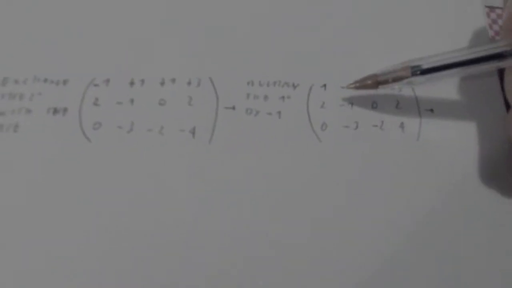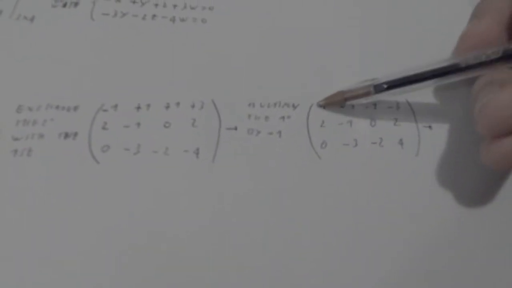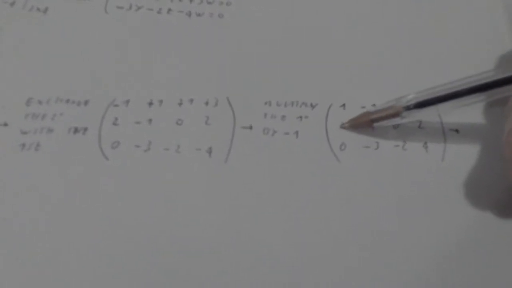The reason why I wanted to multiply is that I wanted a positive value here, because I like having a 1 here. Now that I have a 1 here, my life is still not complete, because I wanted to solve this. So I want to have a 0 here.